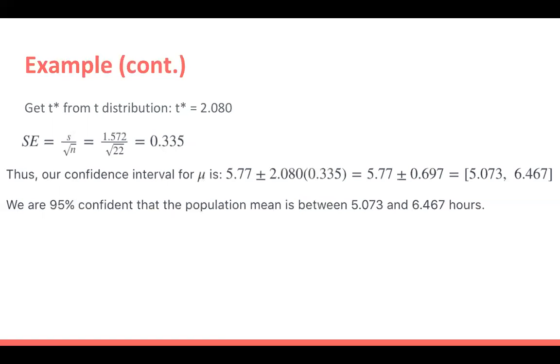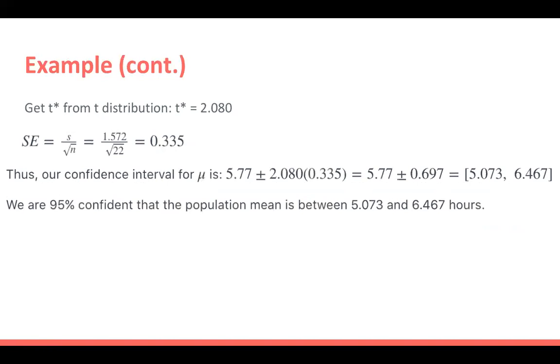And then all we have left to do is calculate the standard error. We calculate the standard error by taking 1.572, which is our standard deviation, and dividing that by the square root of our sample size, which is 22 here. After multiplying and dividing that out, we get 0.335 as our standard error. So now we have our x bar, our t star, and the standard error, which is all we need to calculate our confidence interval.